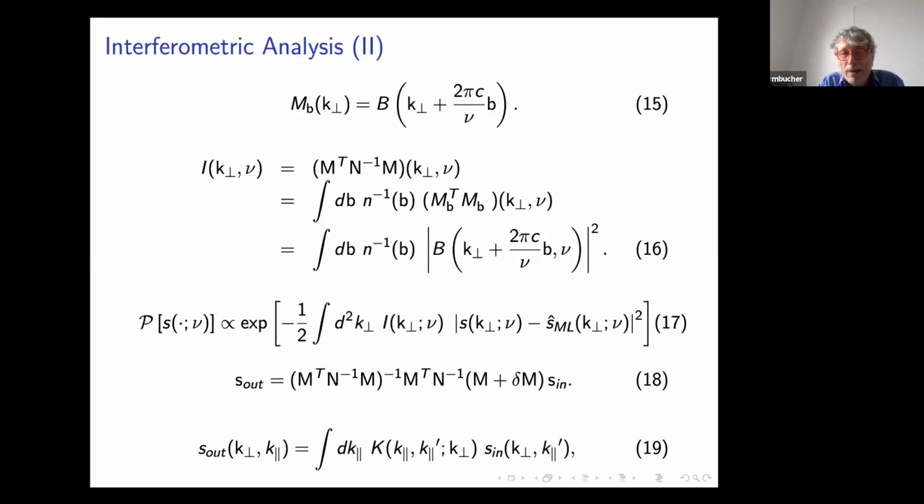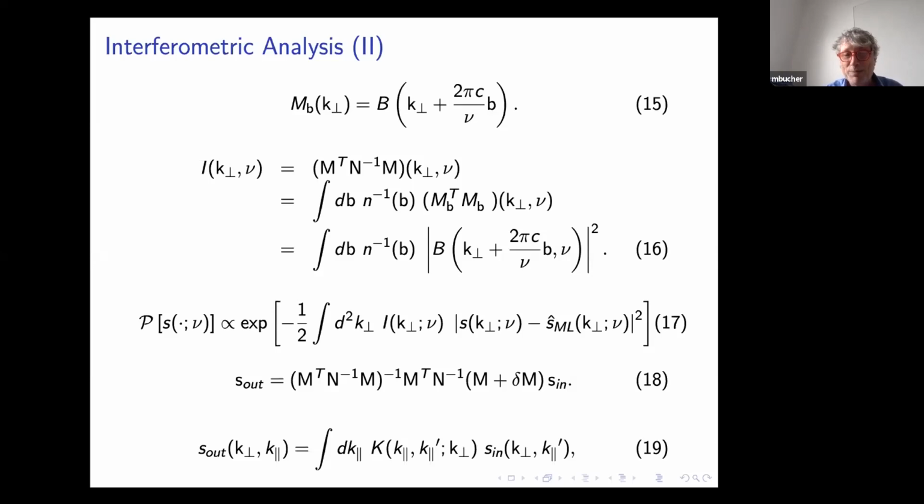But the problem, or the error that you're looking at, is in equation 19. You have some kernel, which you would like to be a delta function, but it's moving stuff around because of having the wrong beam, it's changing k parallel.